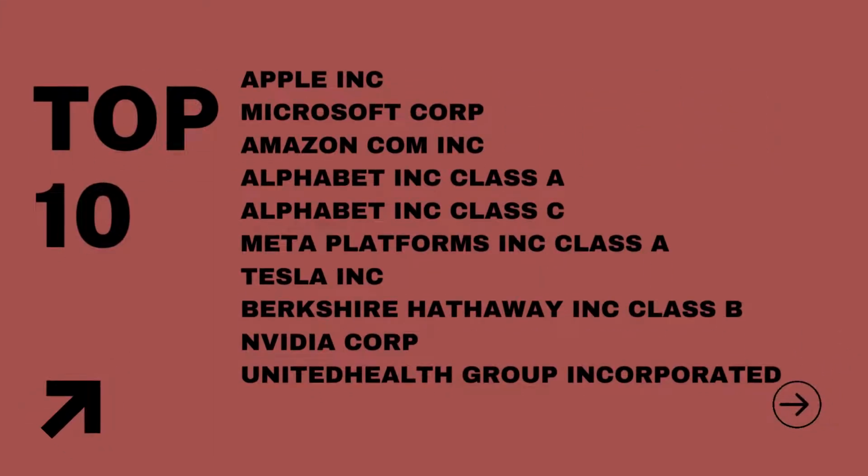Now, let's look at the top 10 companies. We're going to see companies like Apple, Microsoft, Amazon, Google, Meta, formerly known as Facebook, Tesla, Berkshire Hathaway, and more. So you're getting kind of like the cream of the crop when it comes to US companies.